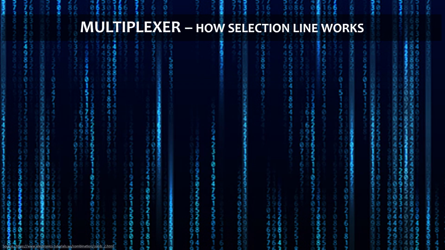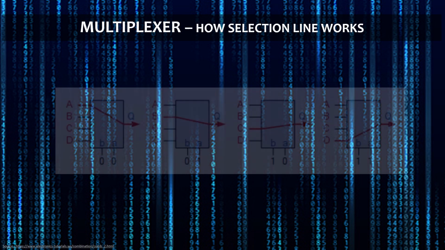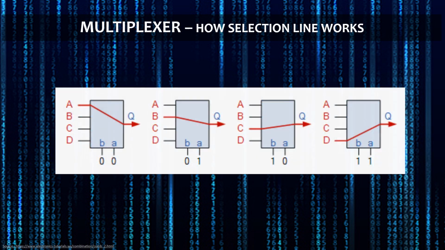Okay, now let's see how the selection line works. This is a simple example of the selection line working method. Here you can see that we have 4 inputs A, B, C, D, and A and small b as selection lines.